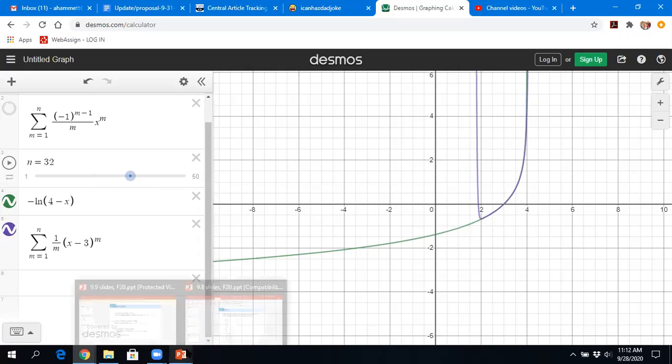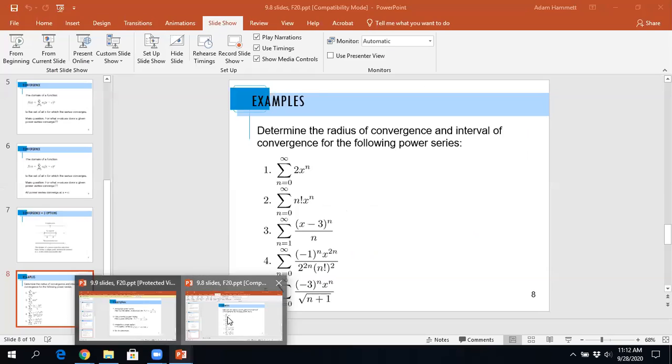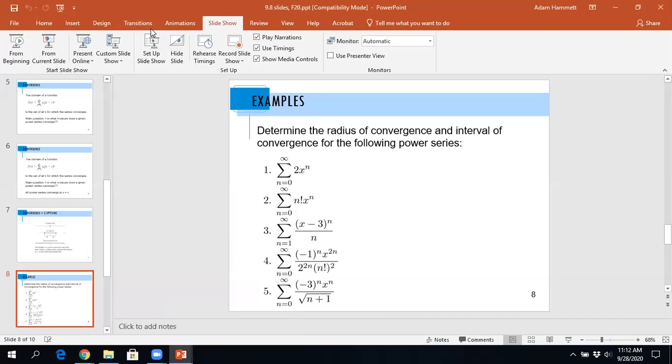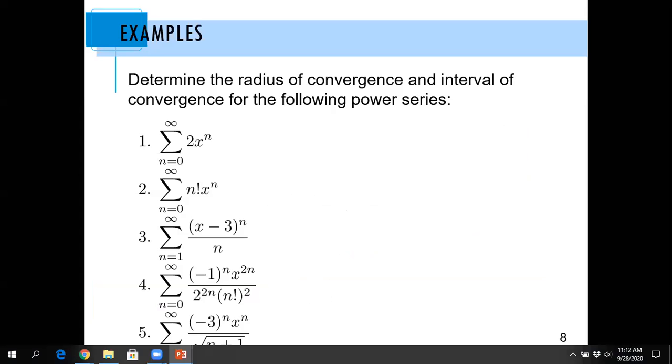All right. So let's continue looking at these things. What about the next one? Now remember, I want you to tell me what the radius of convergence is, what the center is, and what the interval of convergence is for each one of these. In particular, I want you to look at number 4 here.